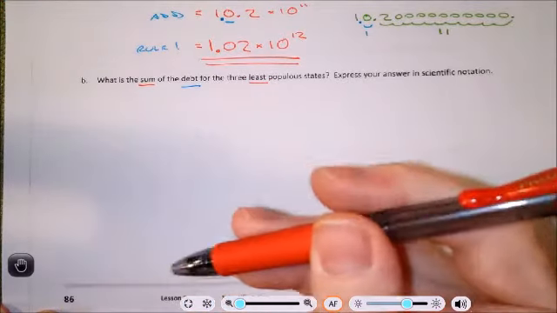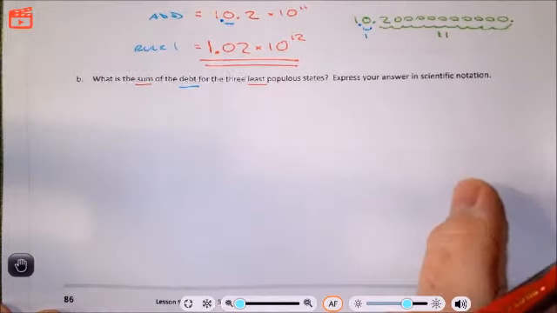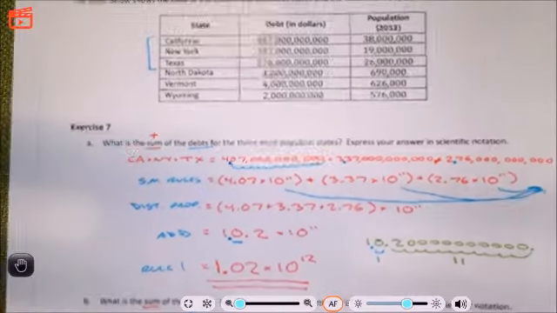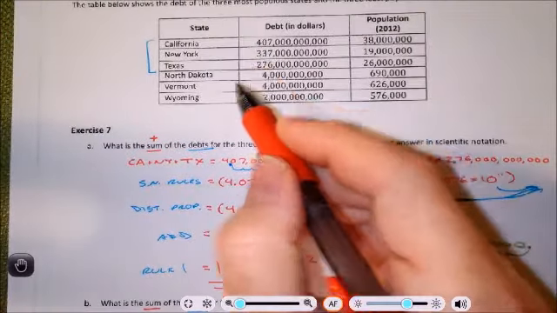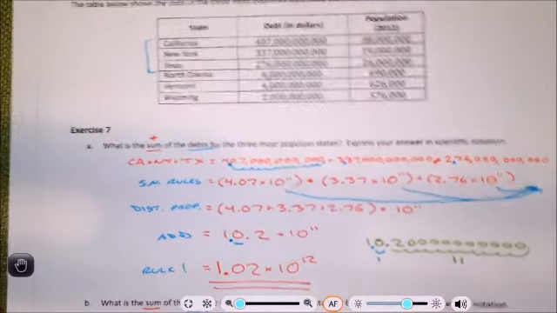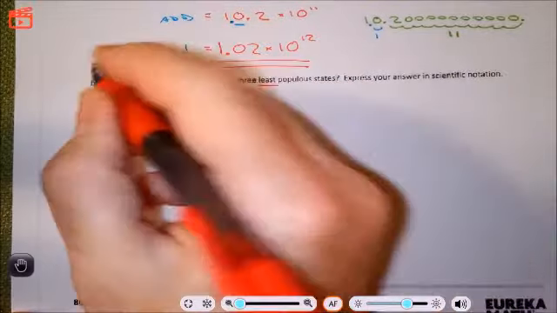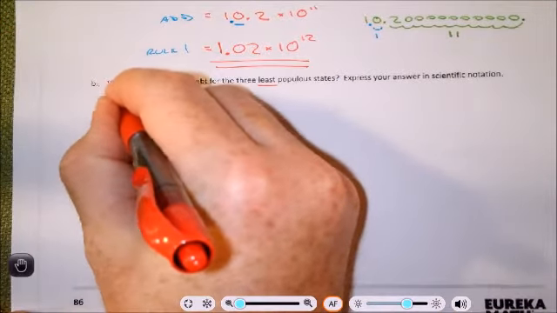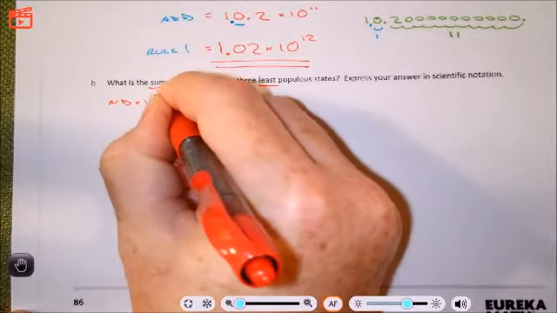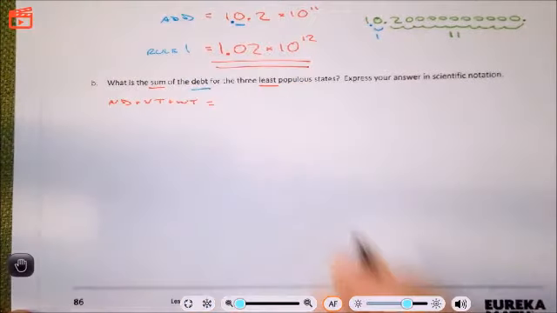But for part B, we need the least populous states, and if I go back and look at the table, I see the 3 least populous states are North Dakota, Vermont, and Wyoming. So to find the sum of their debts, I need to do North Dakota debt plus Vermont debt plus Wyoming debt.